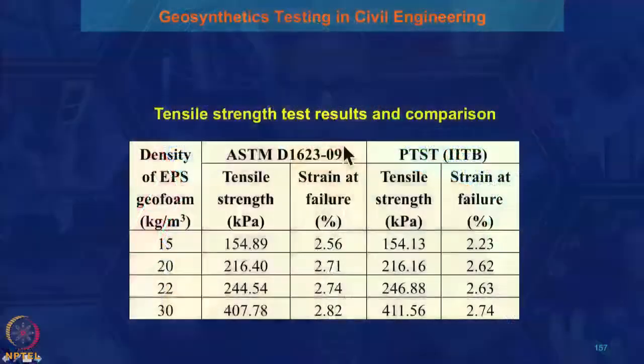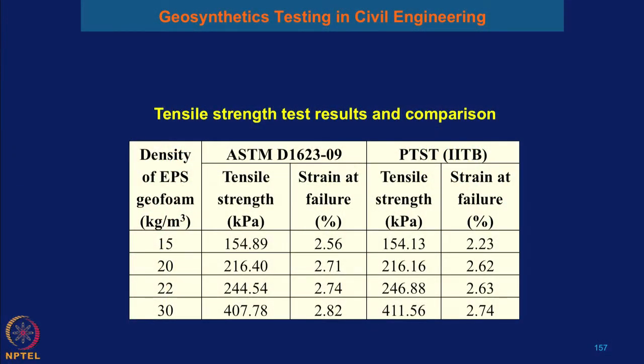So, next I will show you the table that we have prepared for ASTM D1623-09 and with respect to the proposed tensile strength tests at IIT Bombay. So, here look, the density of the EPS geoform is in kg per meter cube.